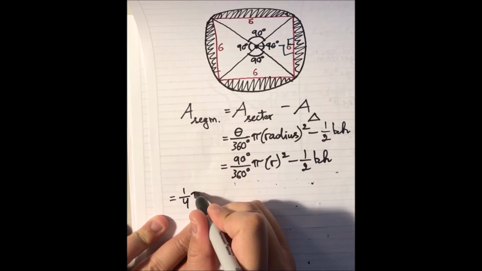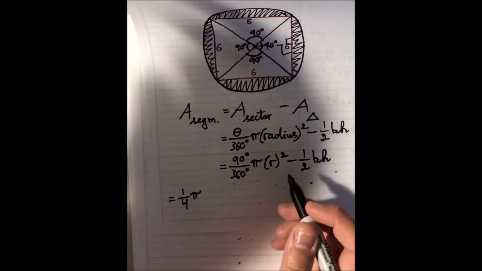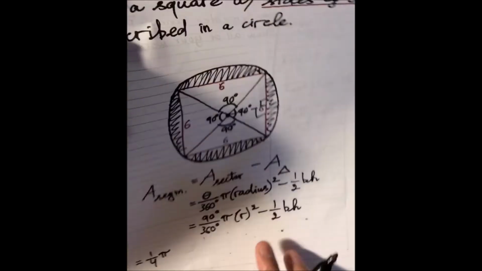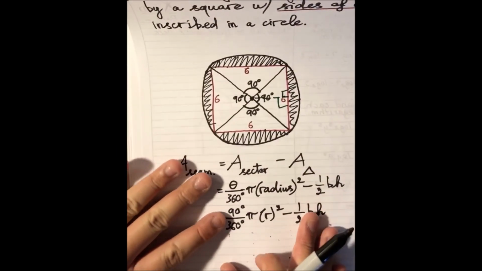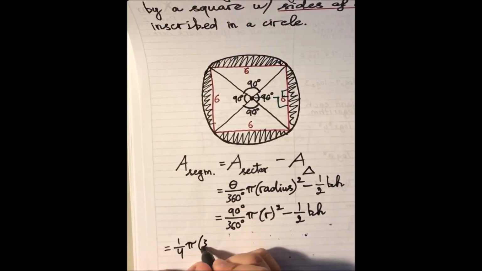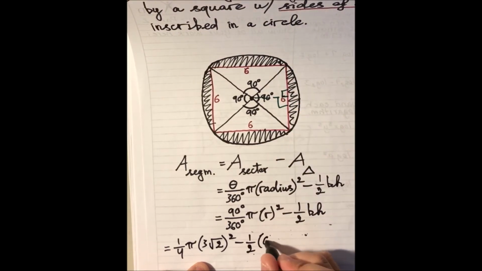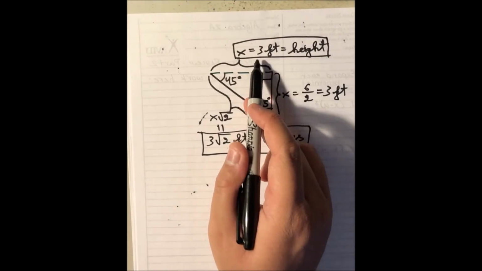Keep the pi. The radius squared, which is going to be 3 times square root of 2, squared. Minus 1/2 times the base of the triangle, which is 6, times the height of the triangle, which is 3.